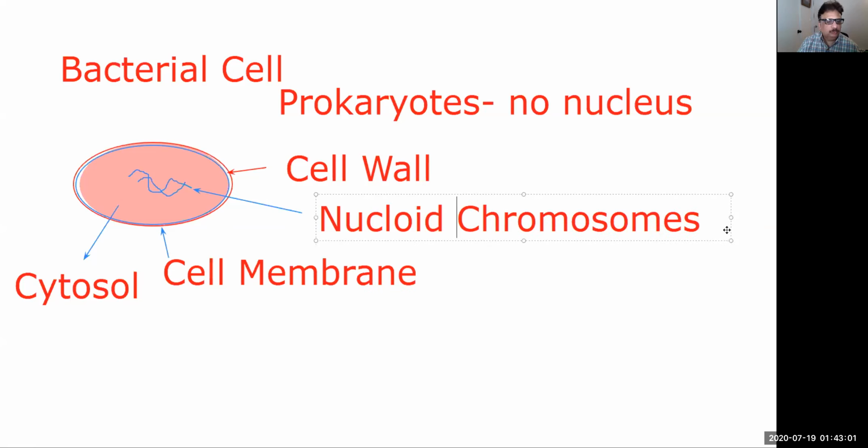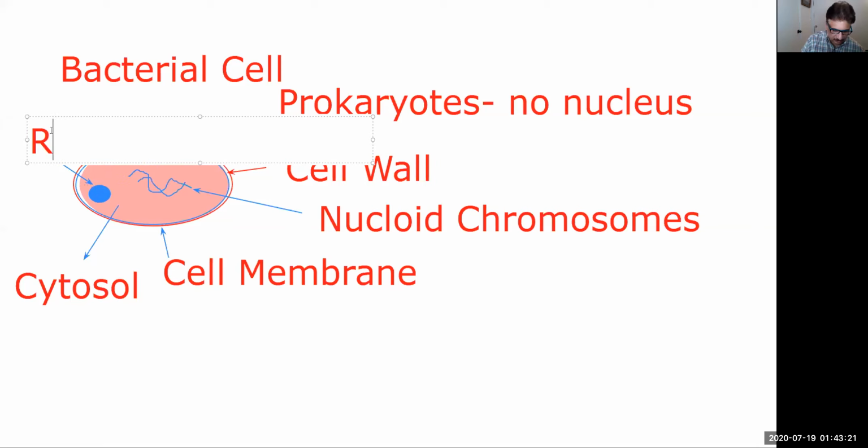Now, one of the essential aspects to support the bacterial cell is another organelle which is present inside the cytosol of the bacteria. This essential organelle is called ribosomes.